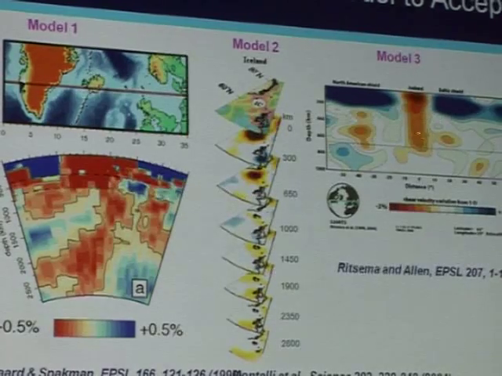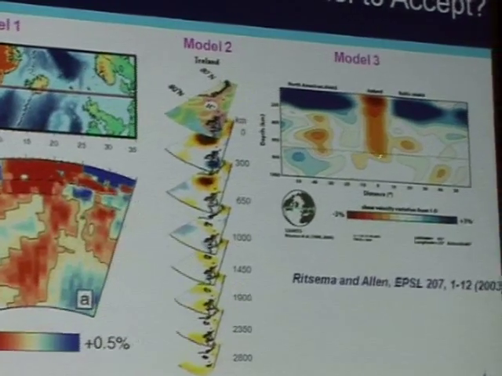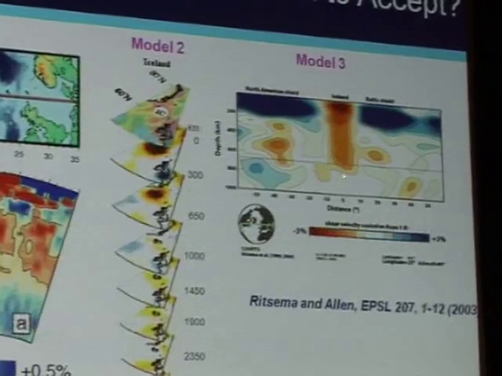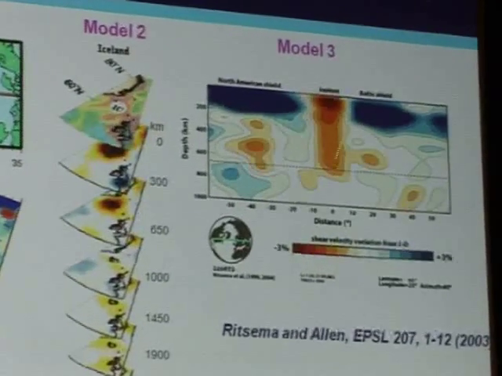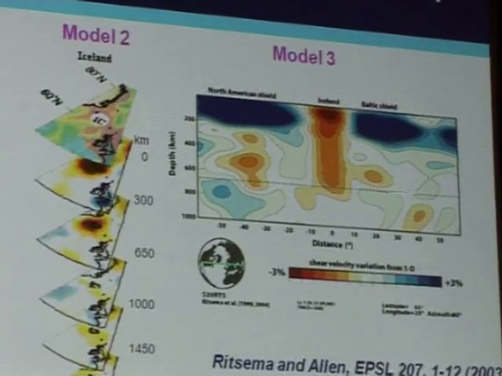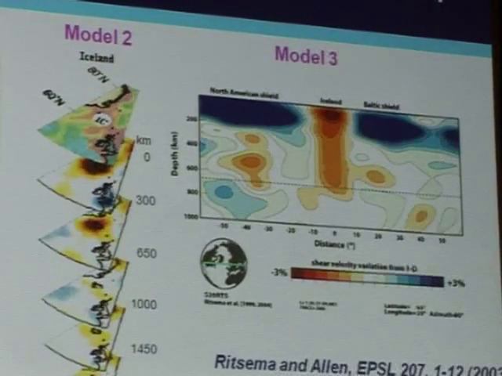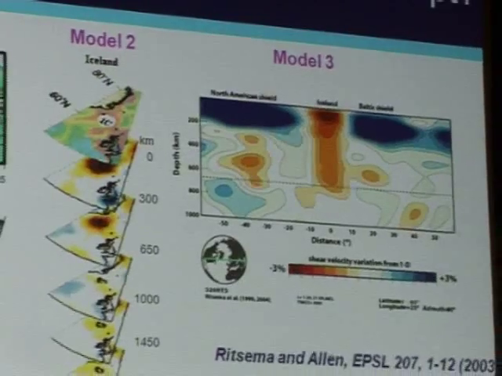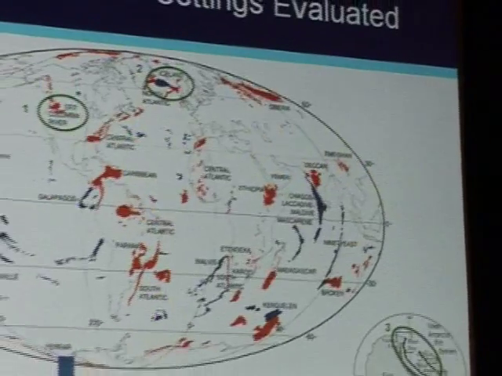Whereas others, using slightly different methods, say that it's very difficult to tell exactly where these features are coming from beyond the 670 discontinuity right here that we can image with some degree of confidence.